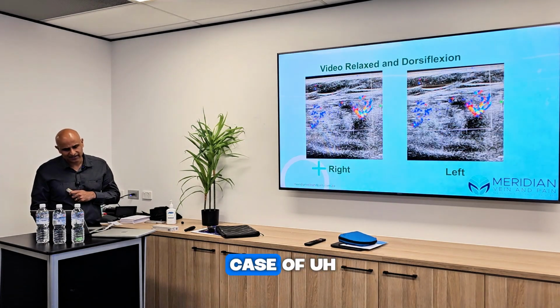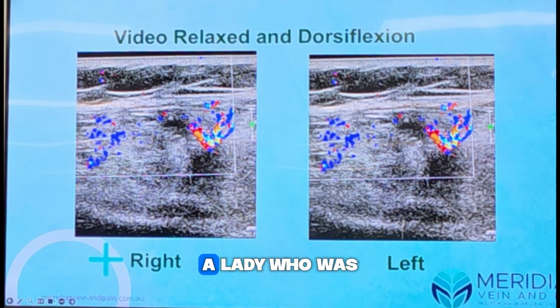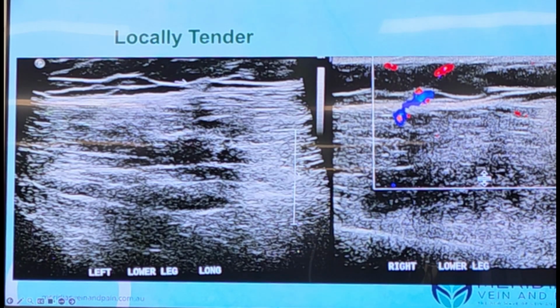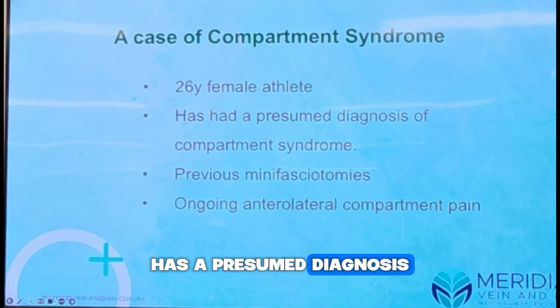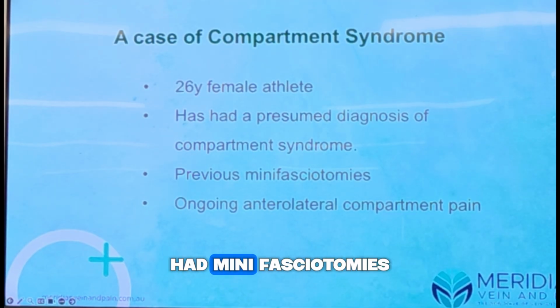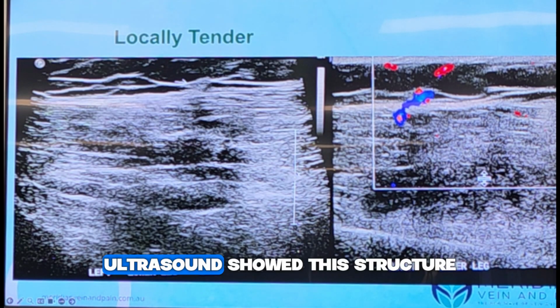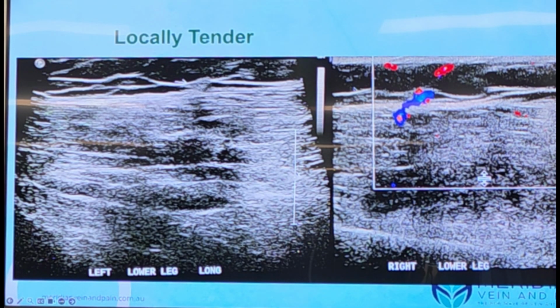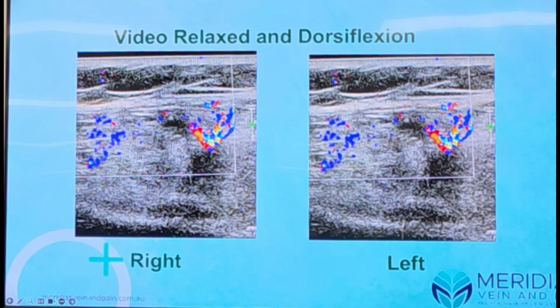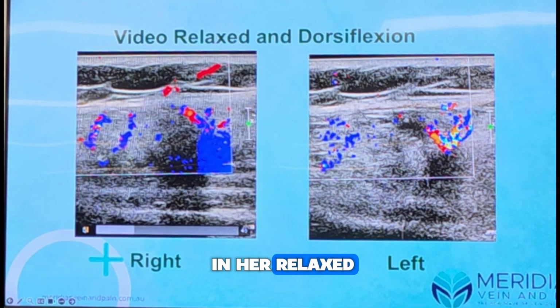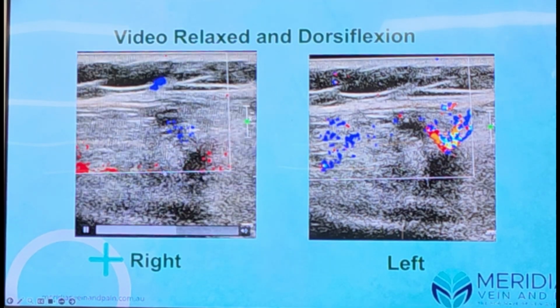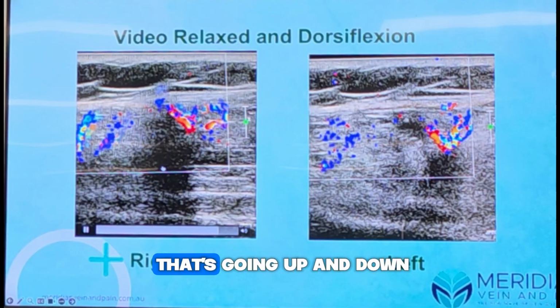We had this case of a lady who was 26, has a presumed diagnosis of compartment syndrome, had mini fasciotomies. Ultrasound showed this structure coming out. And this is her in her relaxed and dorsiflex, so that's going up and down.